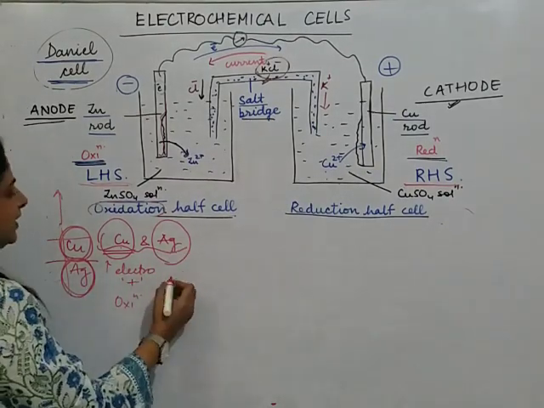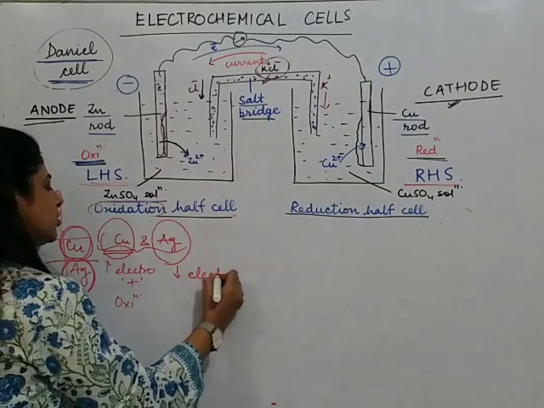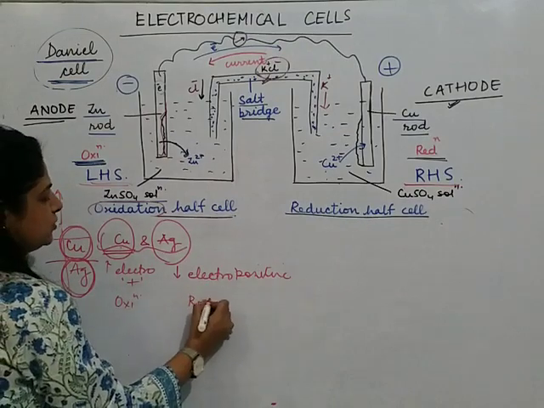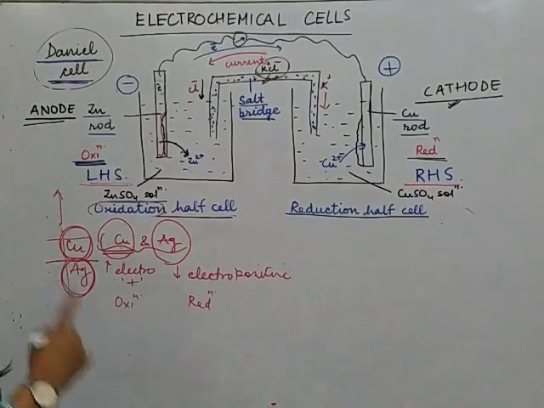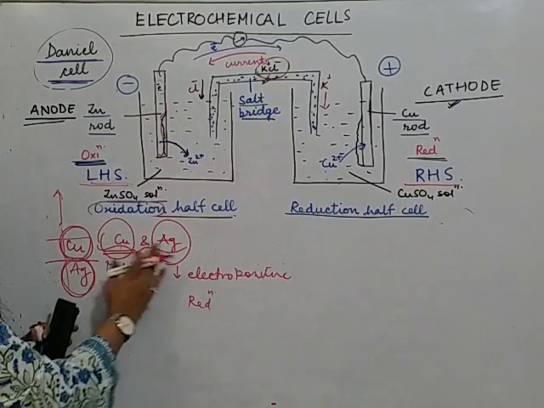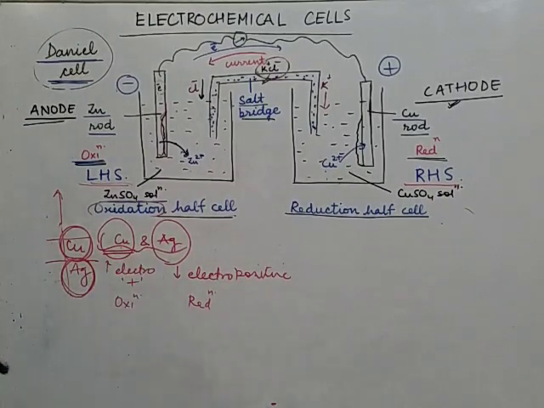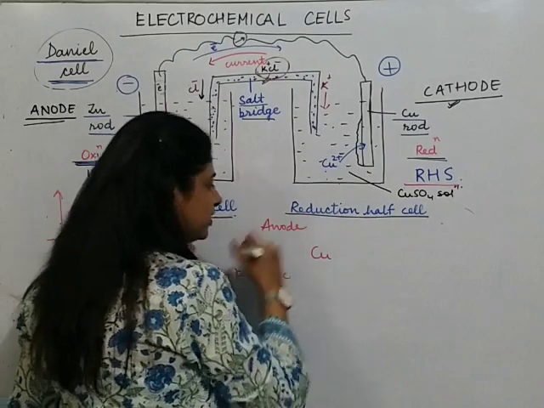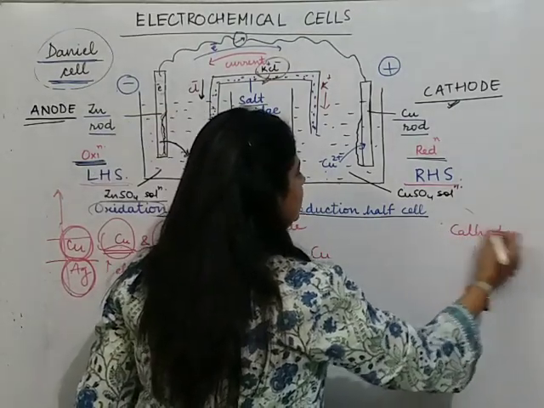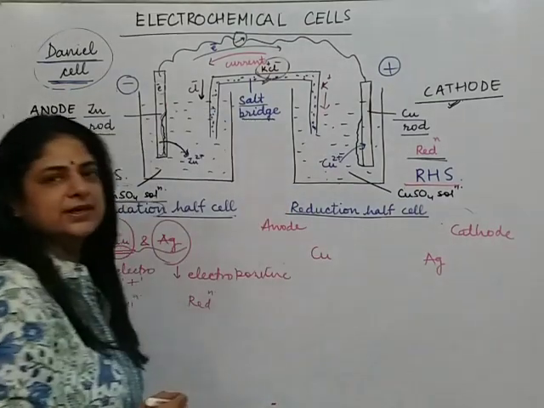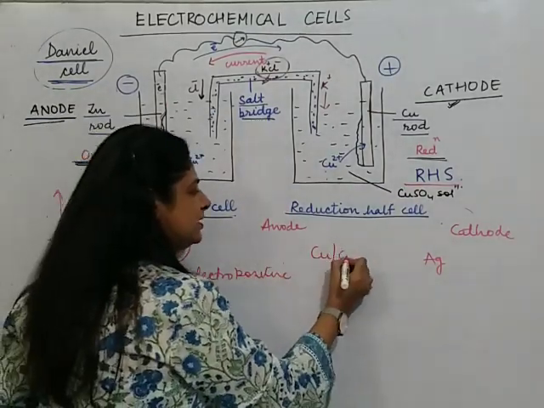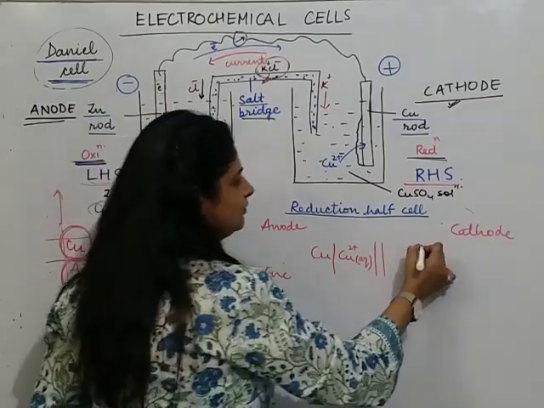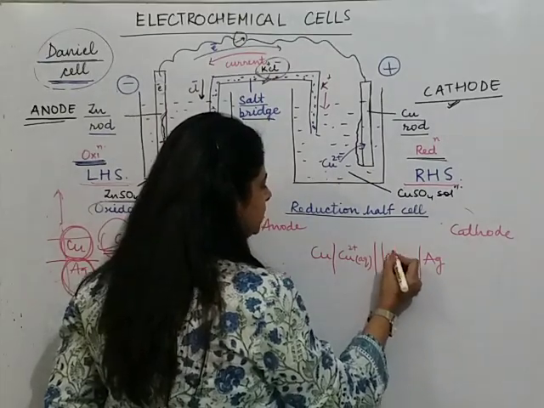So when we construct a cell out of these two metals, what should the cell be? Copper should be made the anode in this case, while silver will act as the cathode. So copper dipped in its solution, salt bridge, silver rod dipped in its solution.